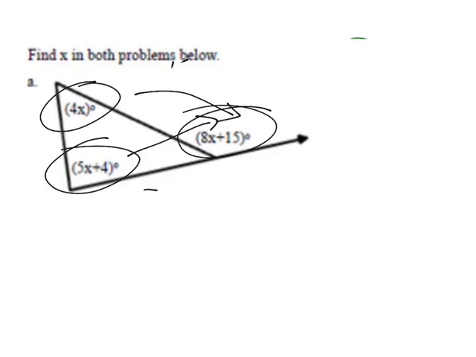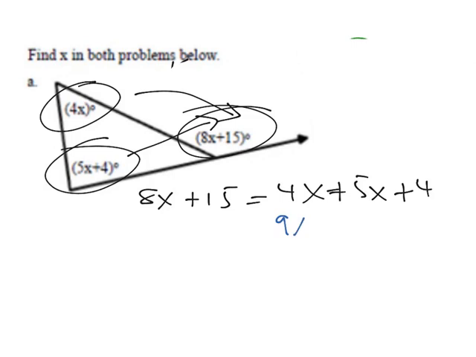Now, that means that 8x plus 15 is equal to 4x plus 5x plus 4. Let's go ahead and solve for x.